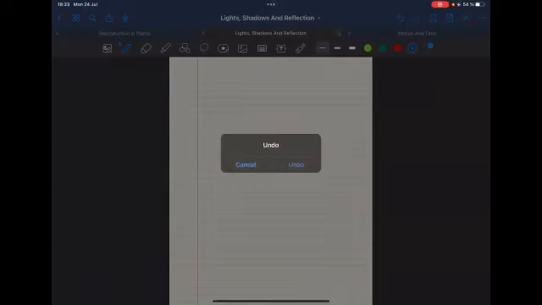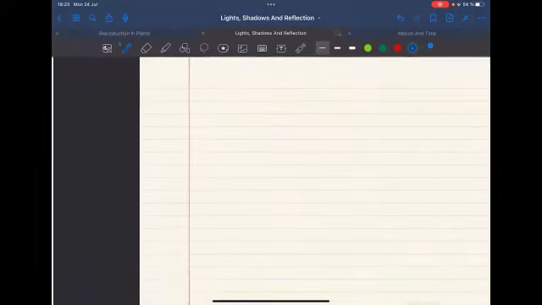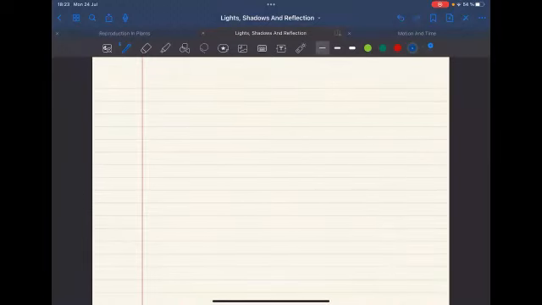Now we're going to see each type in detail. So the first type is regular or specular reflection. Specular reflection refers to a clear and sharp reflection.